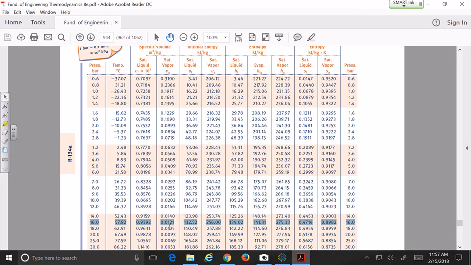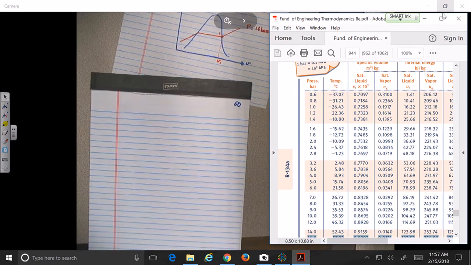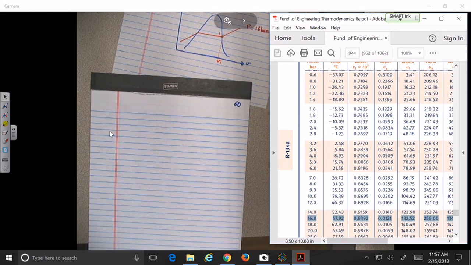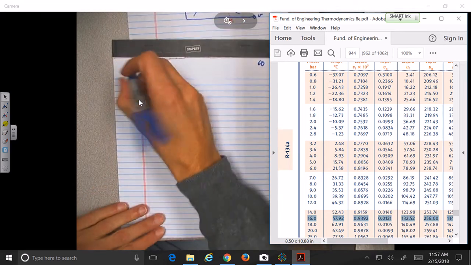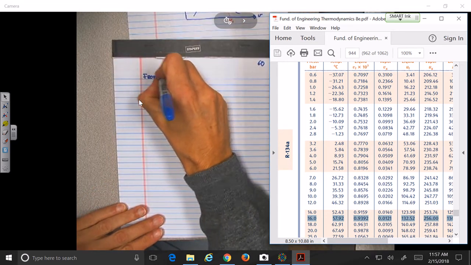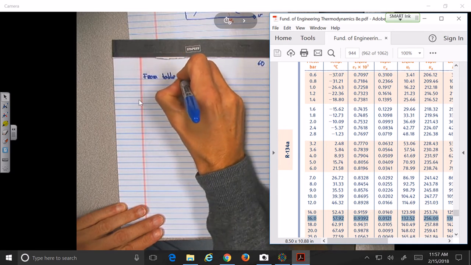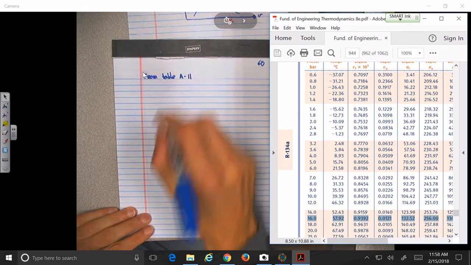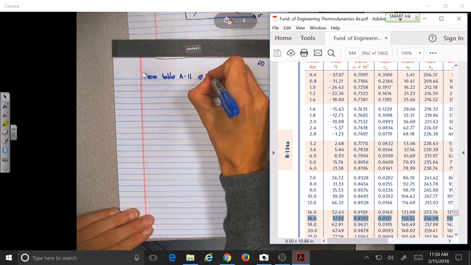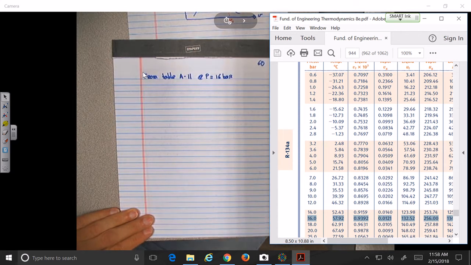So from the table A11, at P equals 16 bar, what do we know?